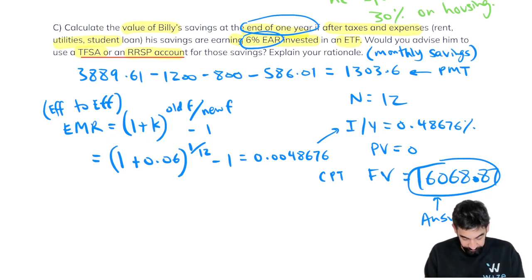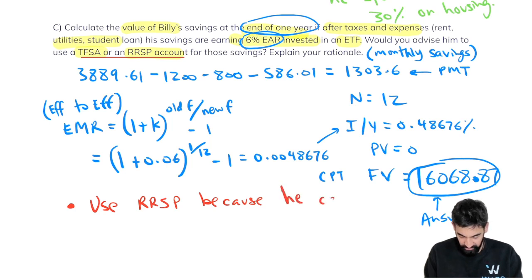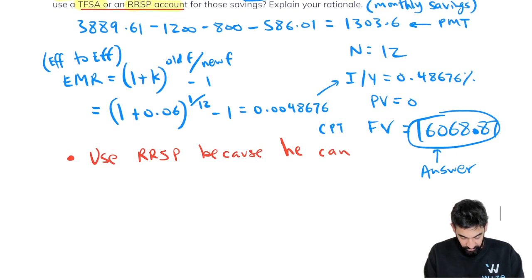So you could say, use RSP, because he can reduce it from his taxable income.